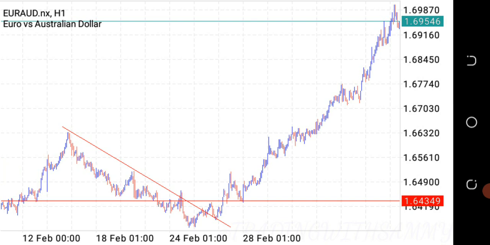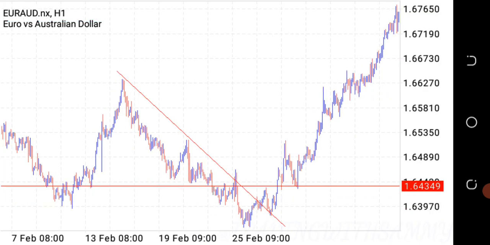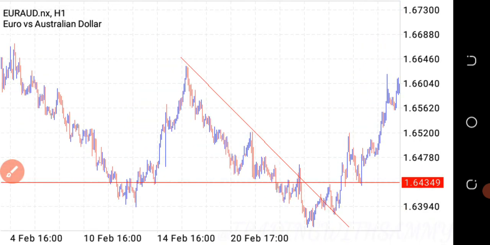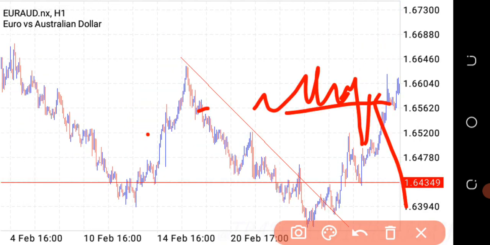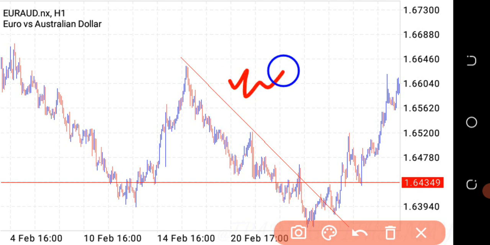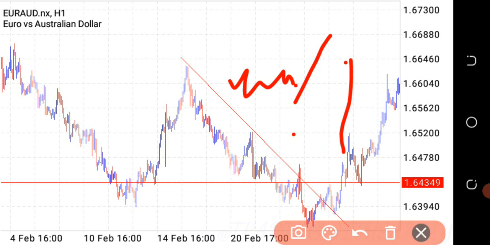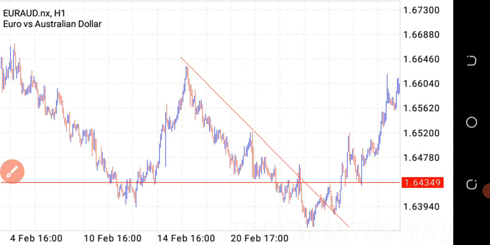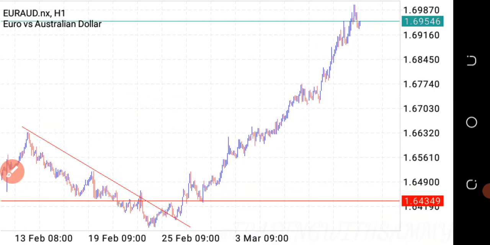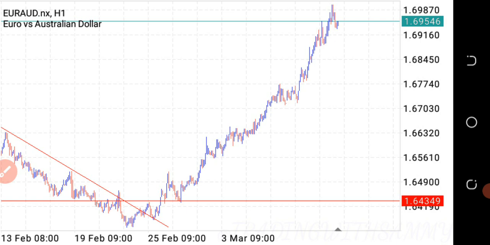Don't forget, we don't trade an accumulation phase, where price is moving without direction. What we trade is the market trending up or trending down, whichever way. But in this scenario, price is actually bullish, so we look forward to getting support levels to buy.